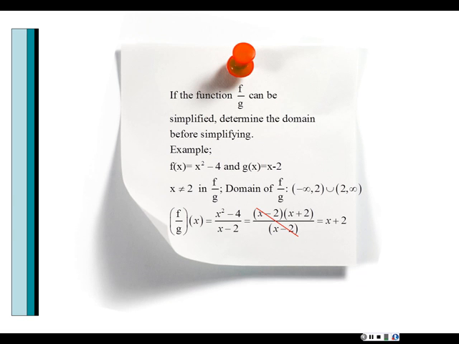So you have x squared minus 4 over x minus 2. You know that x squared minus 4 can be written as x minus 2 times x plus 2, right? Do you know it? There is a formula, a square minus b square. Have you ever heard about the formula?